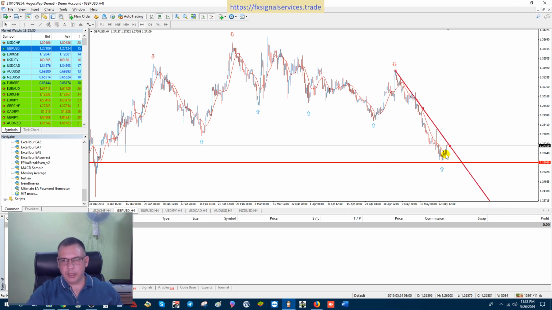Okay, and based on what I'm seeing right now, this is going to come back down. Probably touch this horizontal line here. This is your base support, your very strong support line, and then it's going to bounce back up again and touch this trend line and break out and form a new uptrend. Okay.